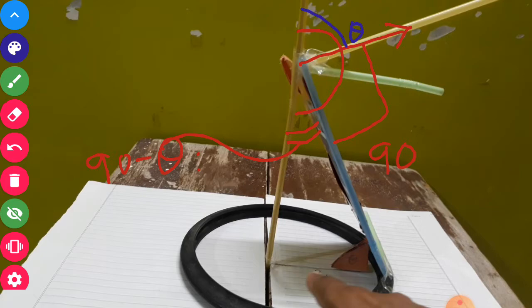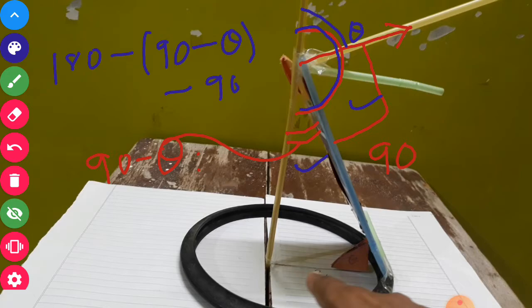Have you understood? Total is 180, minus 90 minus theta, minus 90. I have subtracted this angle and this angle from 180.